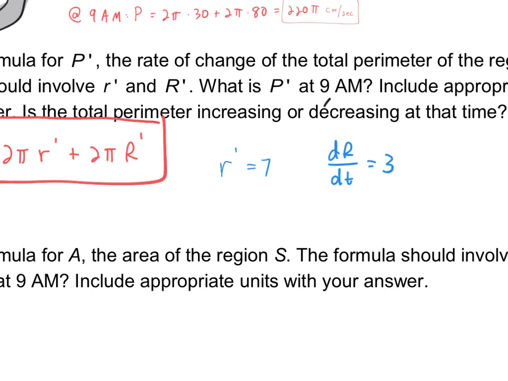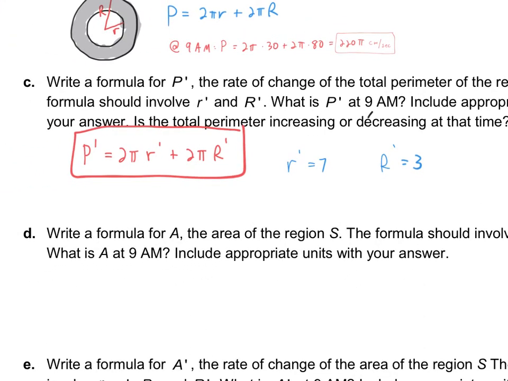Not wrong, but they just want us to use a certain notation. Now we just substitute it. R prime is 7. Big R prime is 3. 14 and 6, 20 pi.